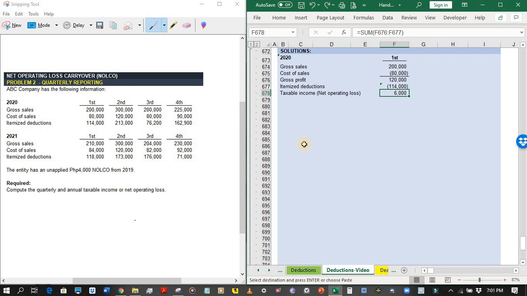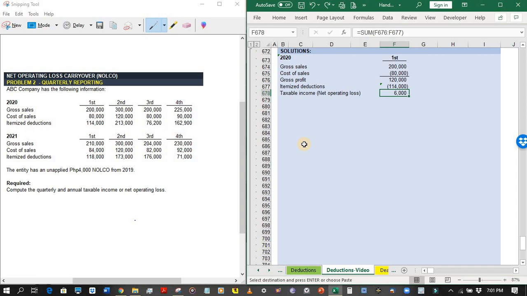The answer is yes. The 4,000 NOLCO in 2019 can be deducted from the first quarter taxable income of the taxpayer. Since during the first quarter we have a taxable income of 6,000 pesos before the application of prior period NOLCO, we can deduct the NOLCO of 4,000 pesos in full.